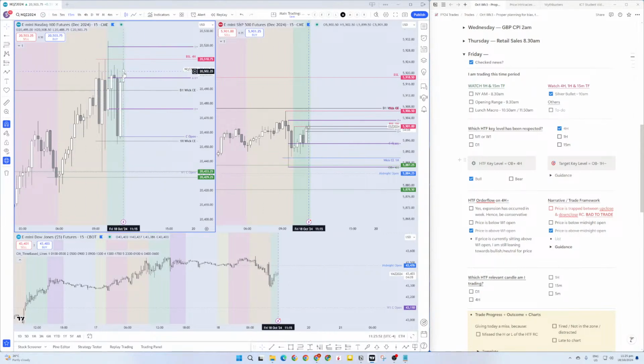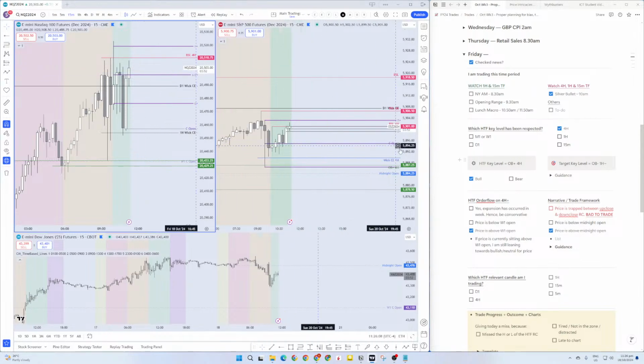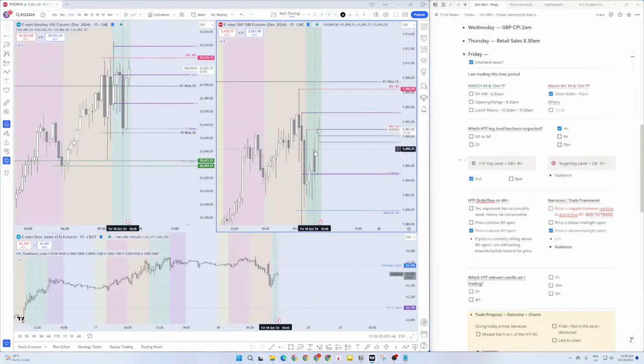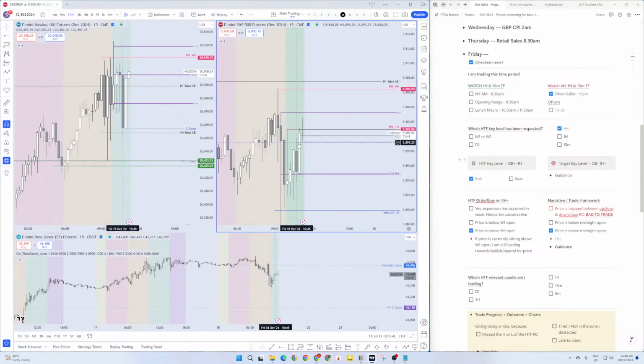If the 15-minute candle can close above this down close candle, that will favor the bull. That means it's better for longs if this candle closes above this candle. Can you see that this has already been done?